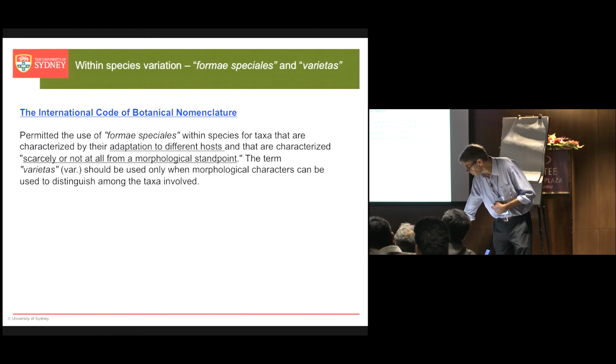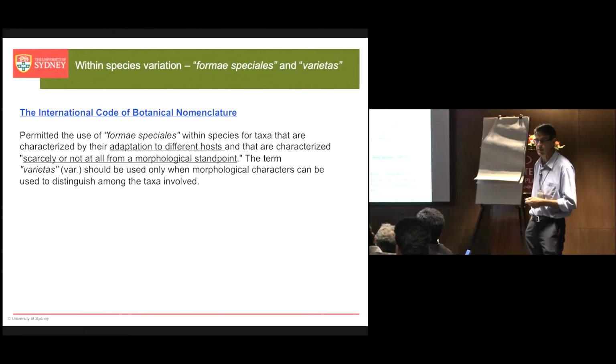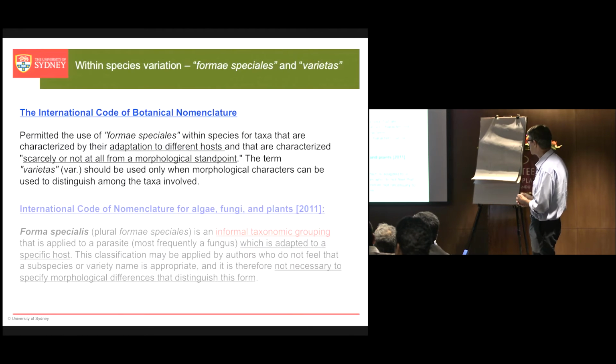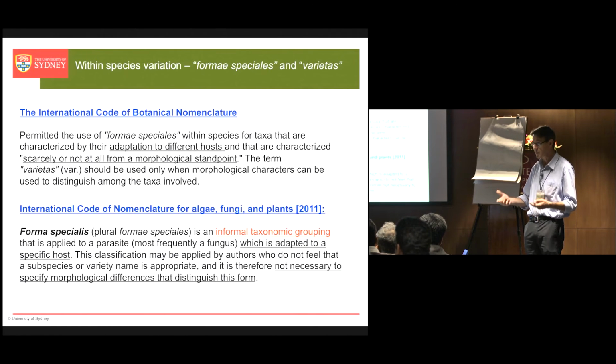In 2011, at the International Botanical Congress in Melbourne, they replaced the International Code of Botanical Nomenclature with the International Code of Nomenclature for Algae, Fungi and Plants. And they actually had a revised statement about the forma specialis, and they refer to it as an informal taxonomic grouping. So this is not a formally accepted taxonomic unit, like, for example, species or genera or phyla or order.